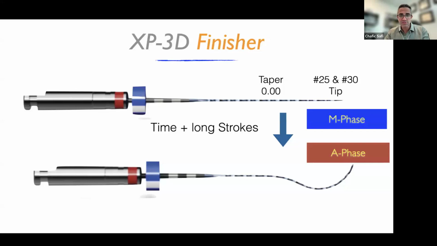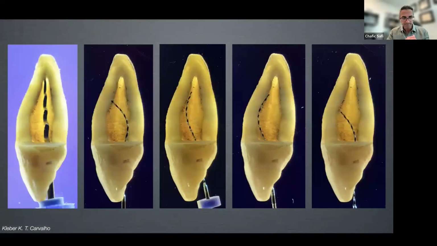And so after a certain time and giving long strokes inside the canal, we're able to take this A-phase XP3D Finisher all the way to working length, spreading its brushing and scrubbing action in order to remove what's left behind, namely biofilm, and in retreatments, as I will show you in a couple of slides, any gutta-percha or sealer left behind inside the root canal system.